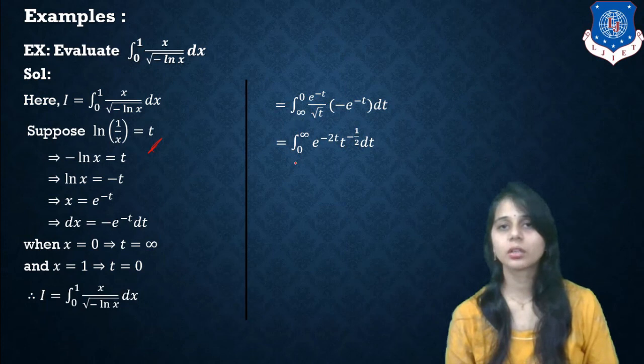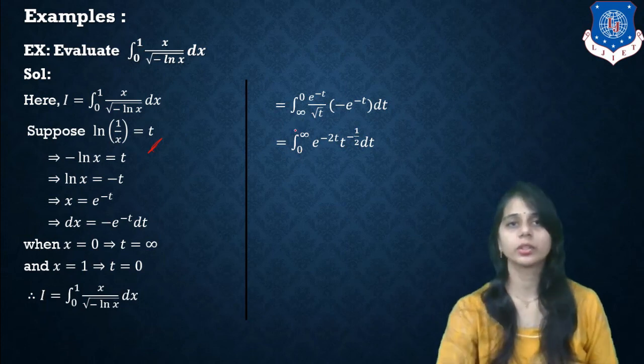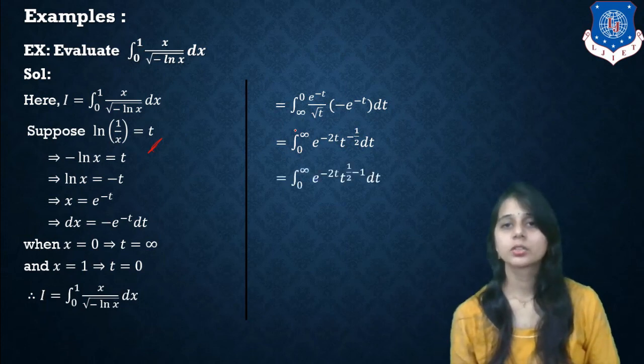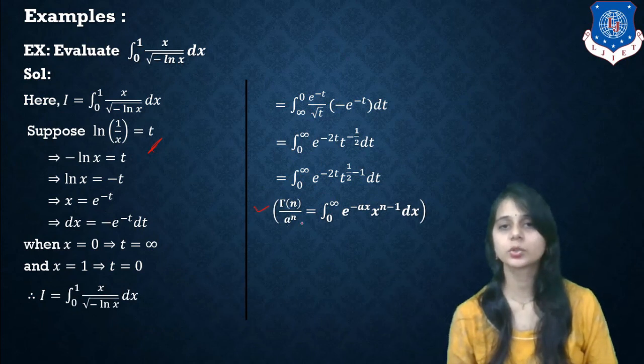We are replacing the limit to 0 to infinity. So it is 1 by 2 minus 1. The property of the gamma function: gamma n upon a raised to n equals 0 to infinity e raised to minus ax, x raised to n minus 1 dx. By this property, we get gamma 1 by 2.